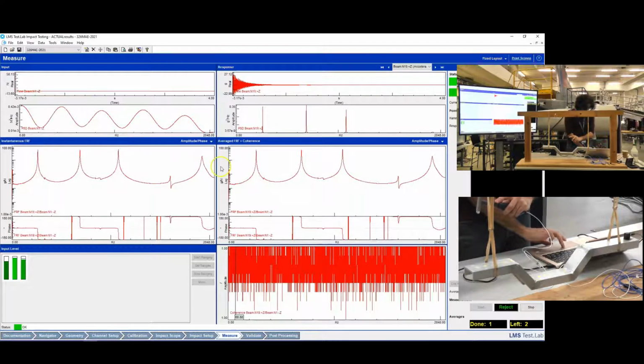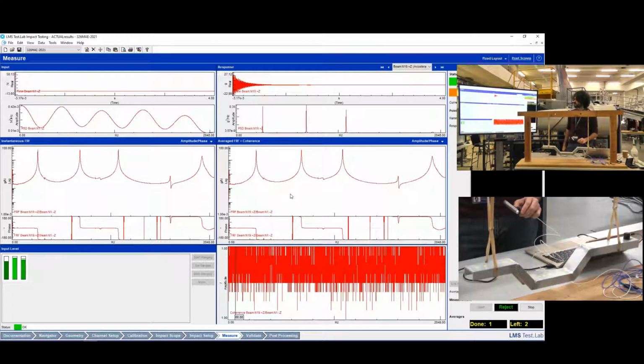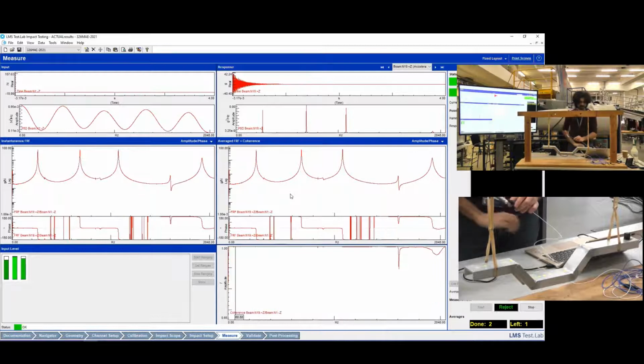What you have here on the left hand side is the instantaneous frequency response function, so that relates to my last strike. This one is the average of the 3. Of course, these look exactly the same right now because I've only done 1 strike, but with my second strike now, this left-hand one is my second strike, and this is the average of the last 2 strikes.